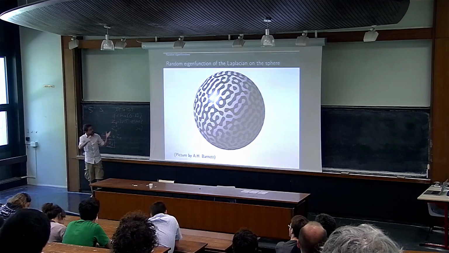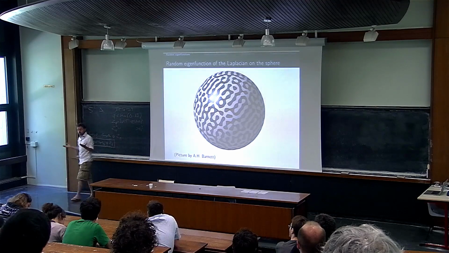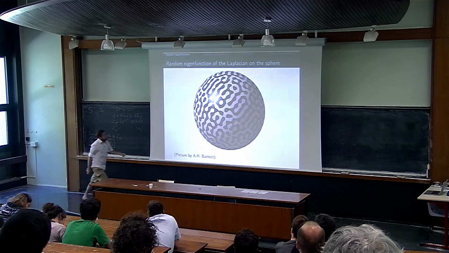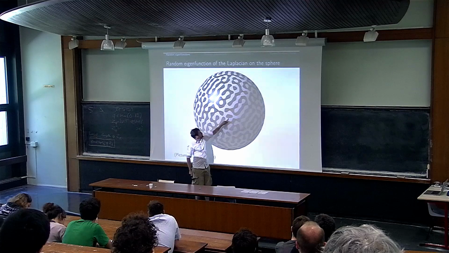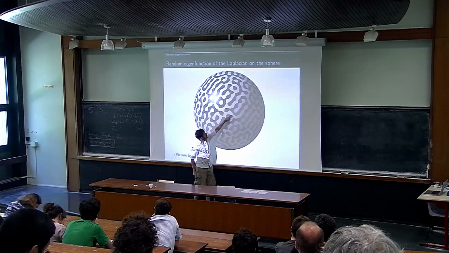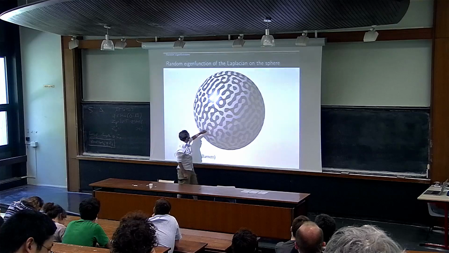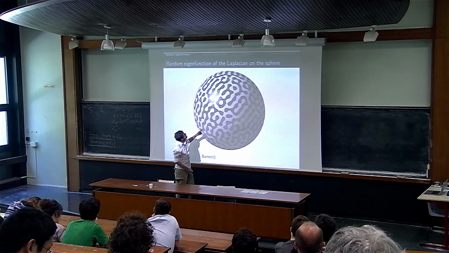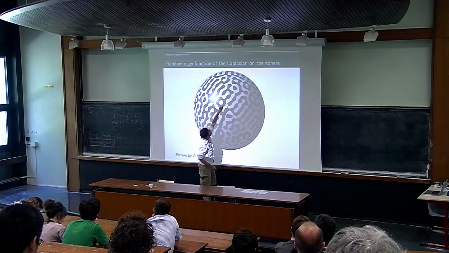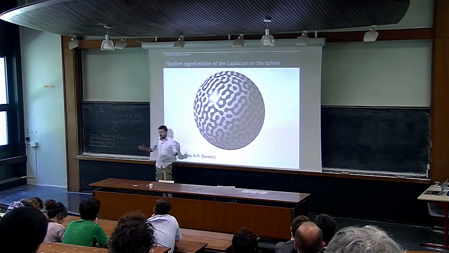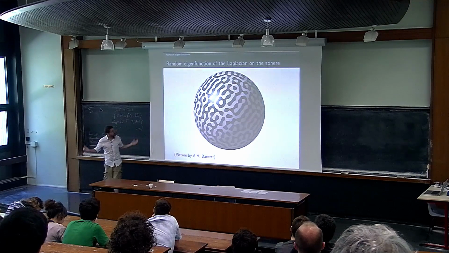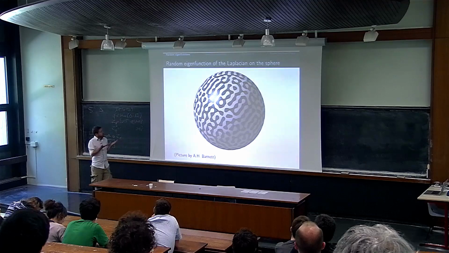So there are many connected components, but most of them are very small. If you look at a typical connected component, it will look like this. So you see there are plenty of them. There are things like this guy, which is a little bit bigger, but it doesn't span the whole portion of the sphere.